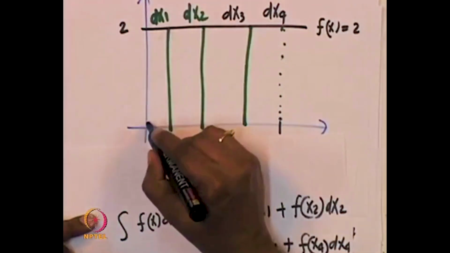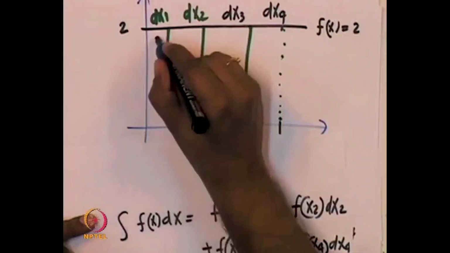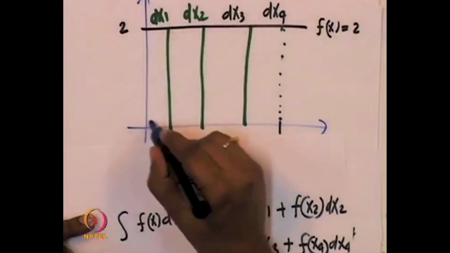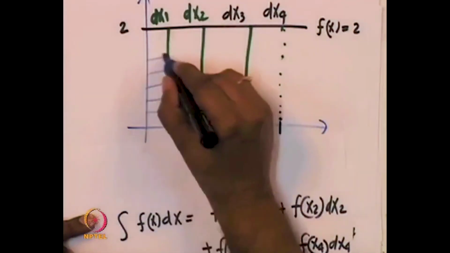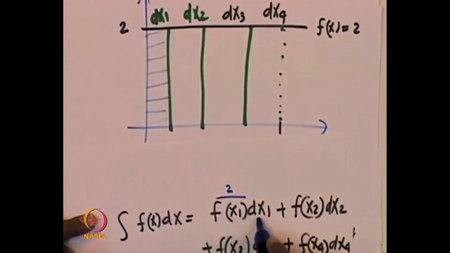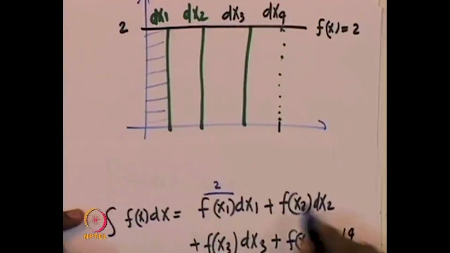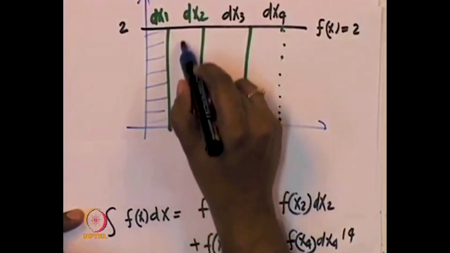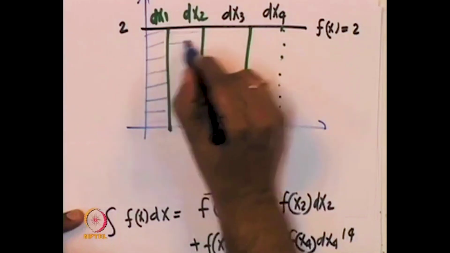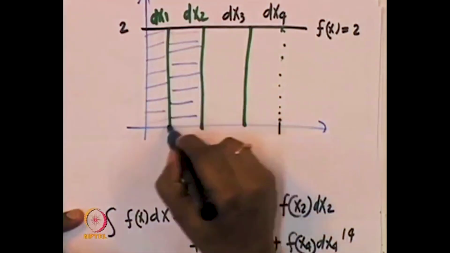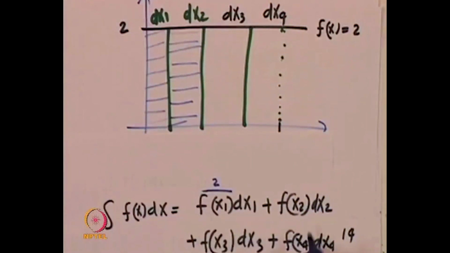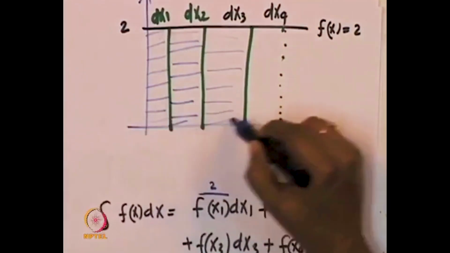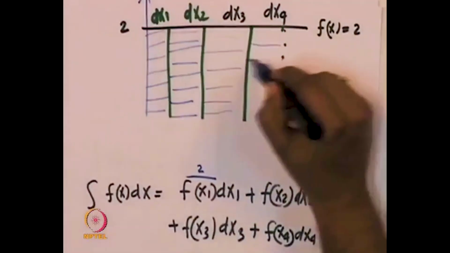Basically we are calculating height into width, the area of this box. f of x2 into dx2: dx2 is this width and f of x2 is this height, which is 2. So the second term is the area of this box. The third term is the area of the third box and the fourth term is the area of this fourth box.